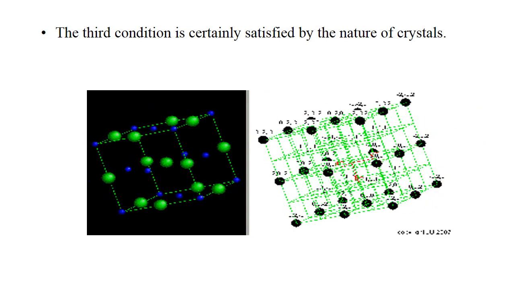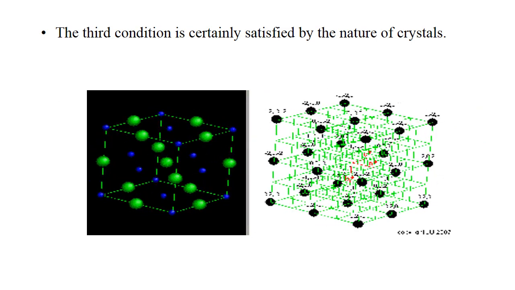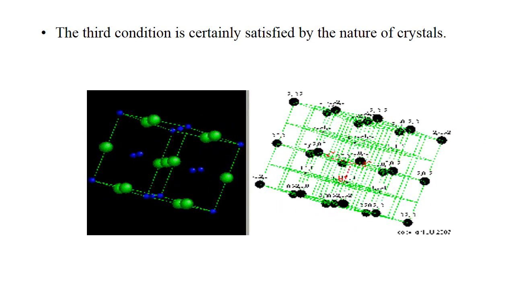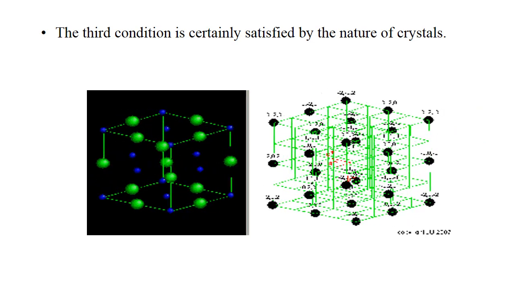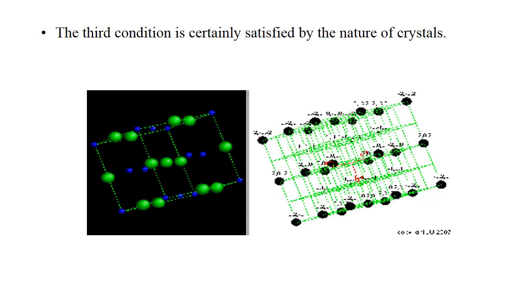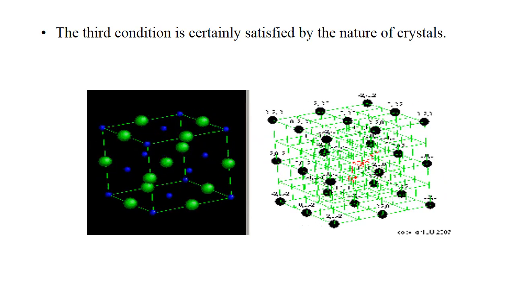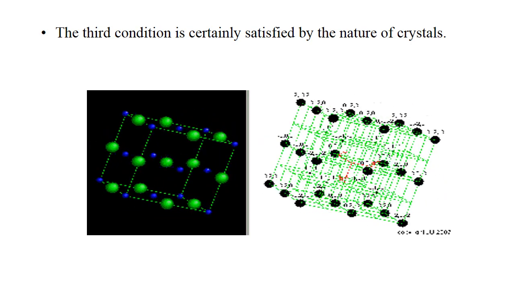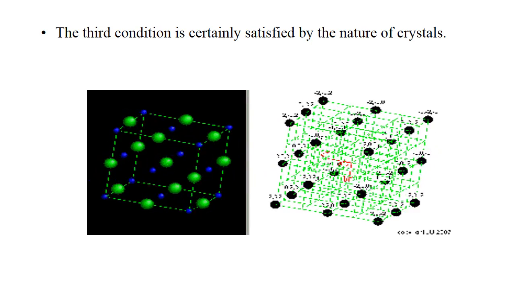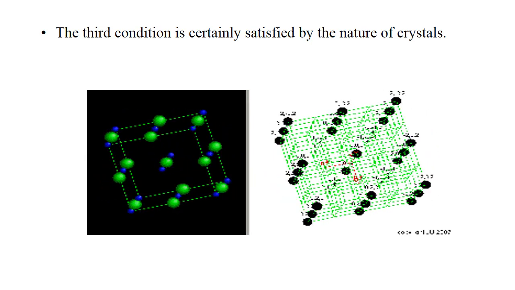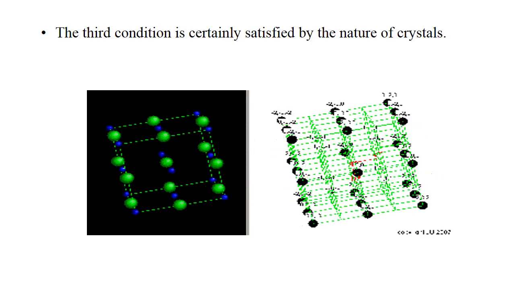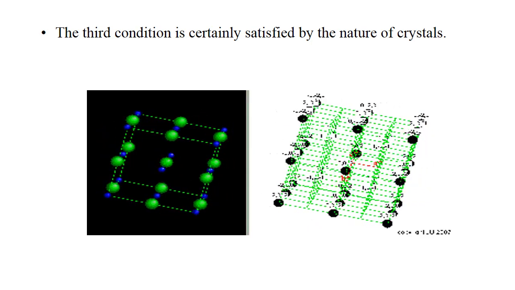The third condition is certainly satisfied by the nature of crystals. It is X-ray crystallography that satisfies the three conditions, and currently it is the most popular analytical method to solve the three-dimensional structure of the molecule.